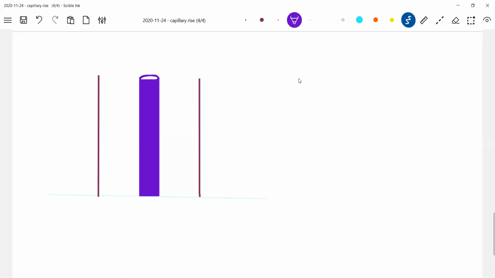I'm trying to give a better diagram. You can see, no?